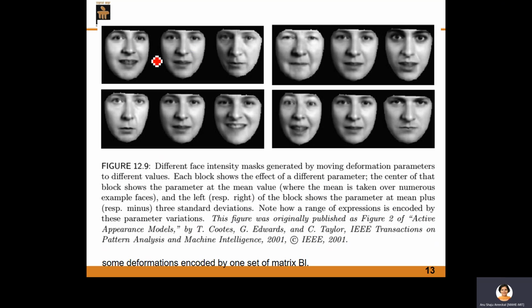Using the same input image, let's say I_0 is the input image, but with different relaxed points or a different target set, you can create different emotions as seen in this figure. So this is one use of the active appearance model and how the weighted averaging, or the barycentric interpolation, can be used for deforming objects.